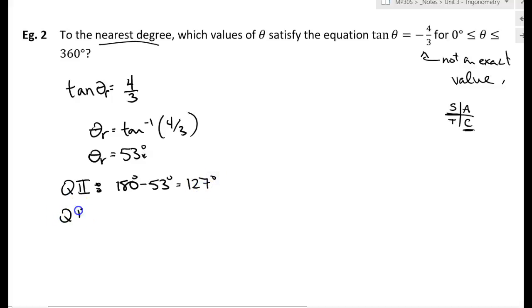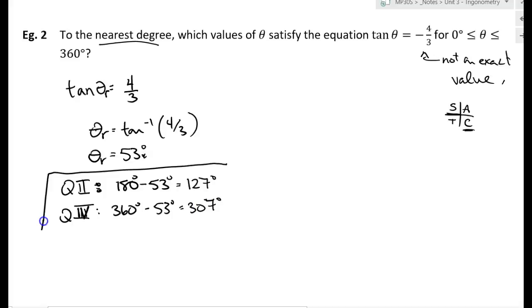And then quadrant 4, that's going to be 360 minus 53, which is 307. And so those are actually my two final answers because of that sign. So watch your signs.